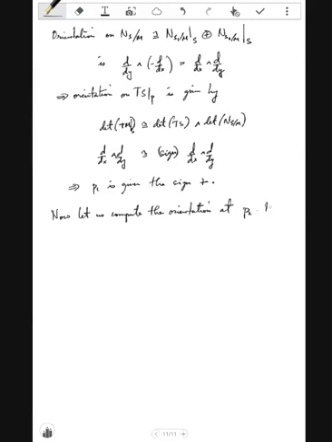So here the local picture is d by dy, d by dx, is P2, this S2, and this S1.